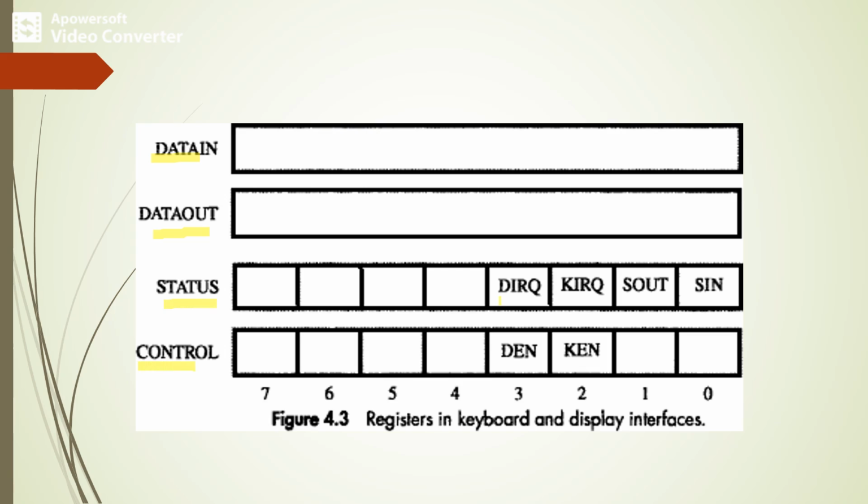The status register consists of DIRQ, KIRQ, SOUT, SIN, and the control register consists of the DEN and KEN bits. So these are the 4 different registers that can be considered with respect to keyboard as well as display interfaces.